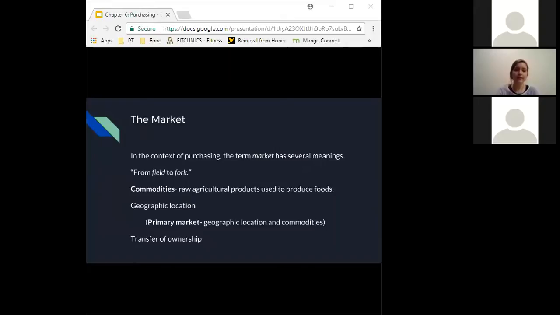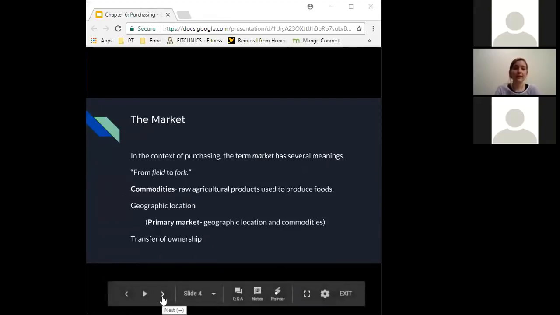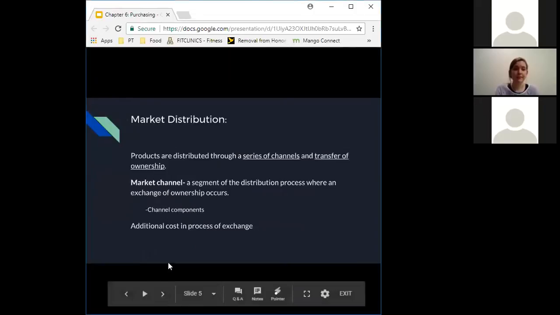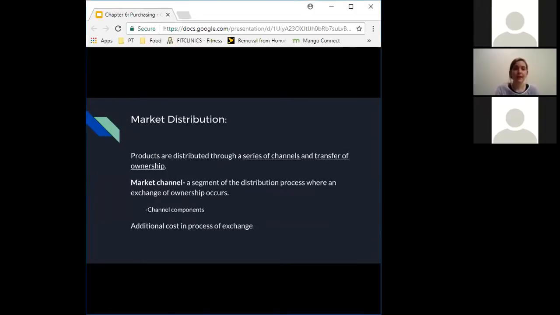A market can also refer to a collection of activities that results in a transfer of ownership of food from producer to consumer. This is known as market distribution. Food is distributed from sources to consumers through a series of market channels. By definition, a market channel is a segment of the distribution process where an exchange of ownership occurs.